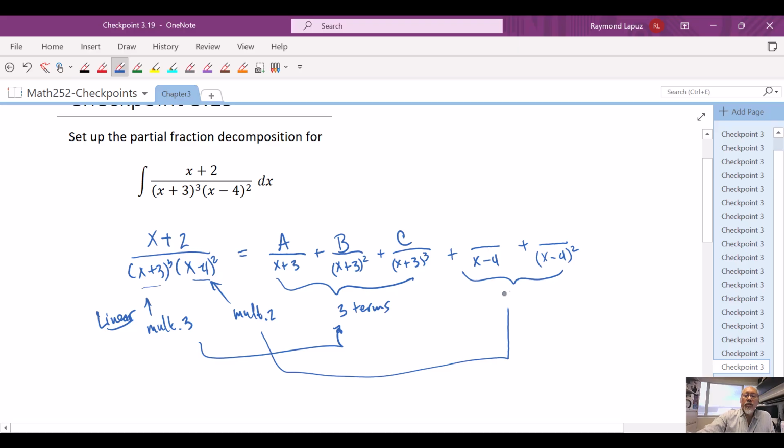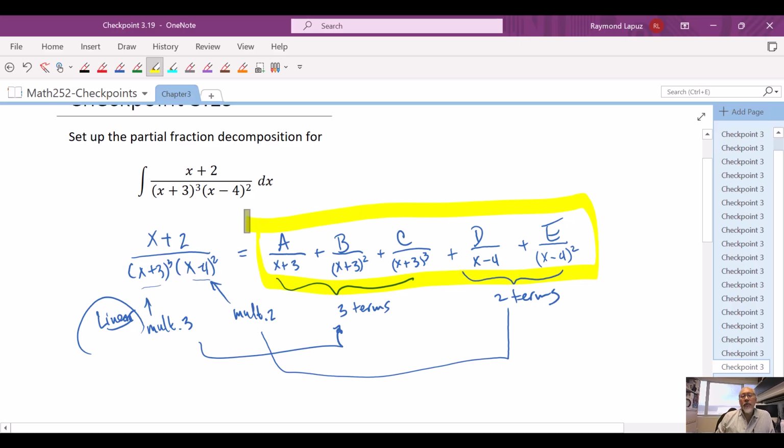So we'll have 2 terms here. And then again, the numerator will just be constants because these are all linear terms. So A, B, C, D, and E would be your numerators for that.